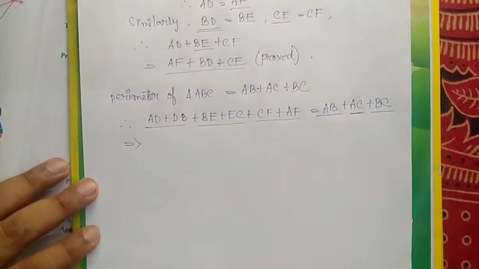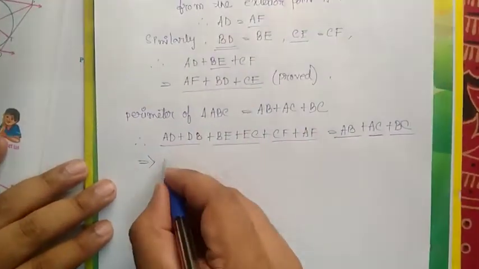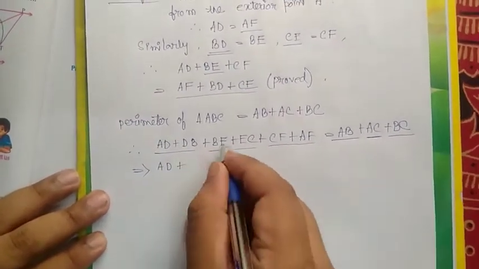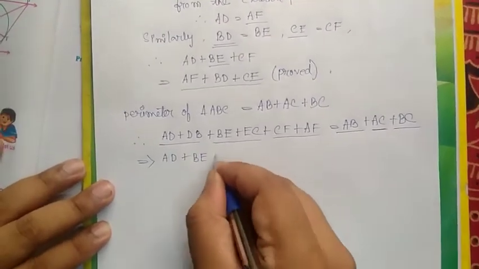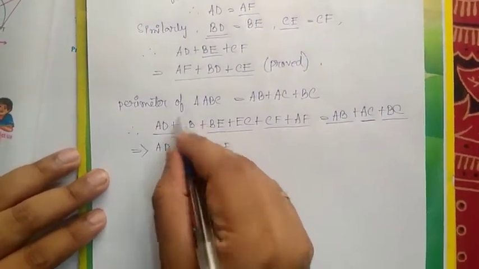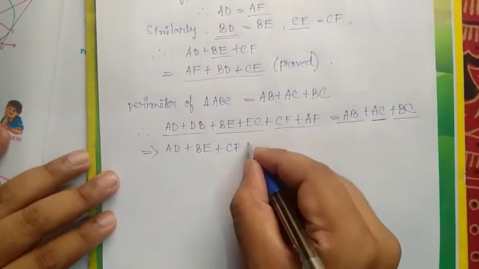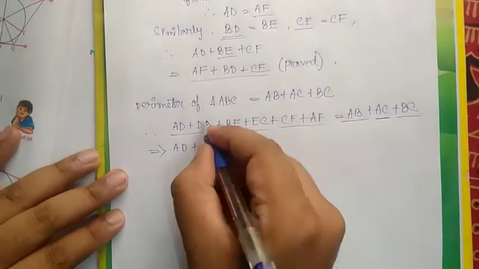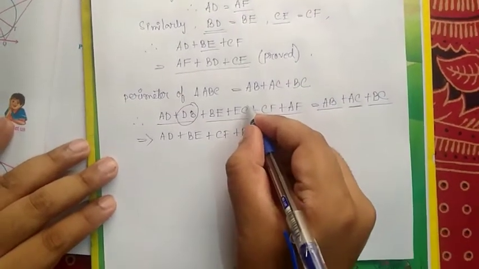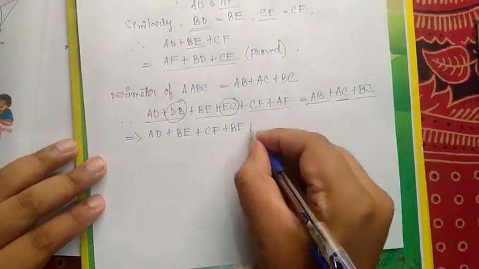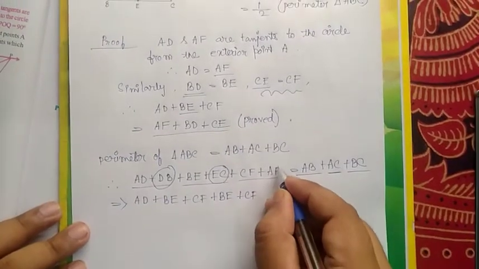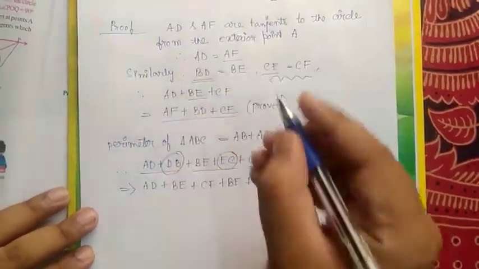Now we know AD plus this BE plus this CF, and in the place of DB we can write BE, and in the place of CE or EC we can write CF, and in the place of AF we can write AD.